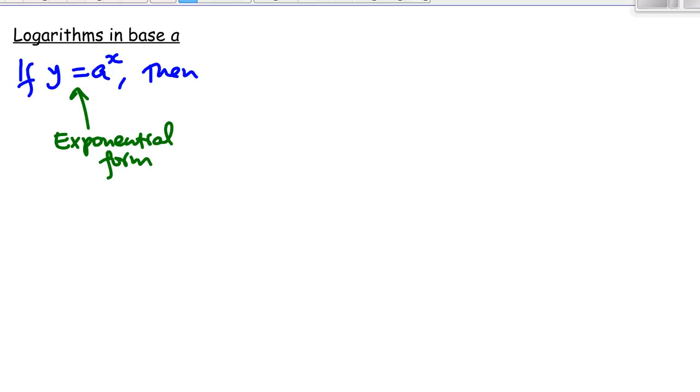So we'll say x is equal to log to base a of y. So this is log form.